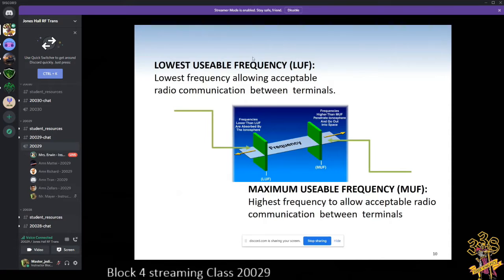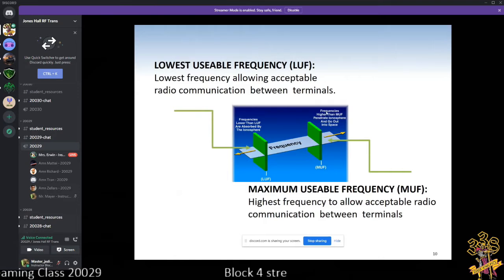If you go below that frequency, the signal becomes unusable. You also have a maximum usable frequency. That's going to be the highest frequency you can use at that time where your receiving station's going to get a usable signal.